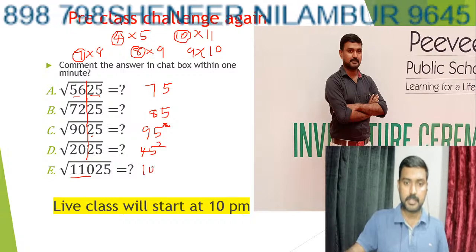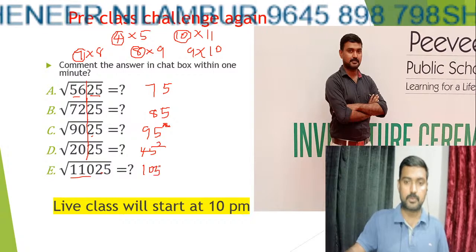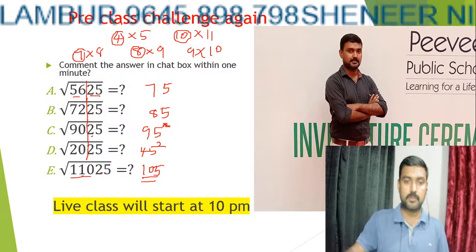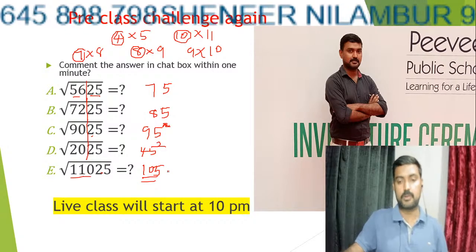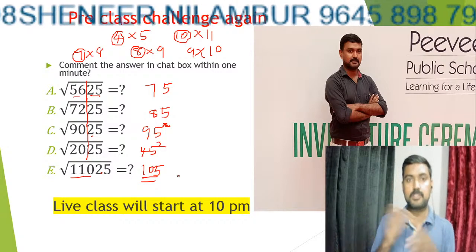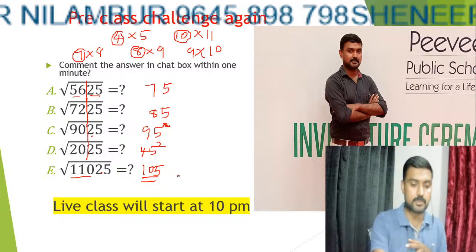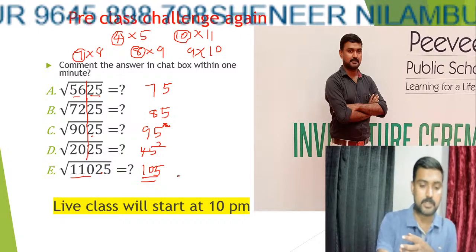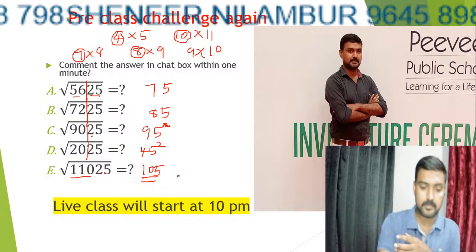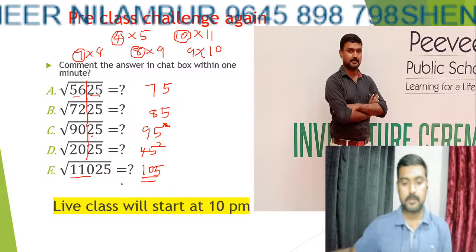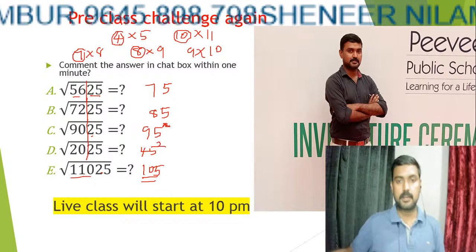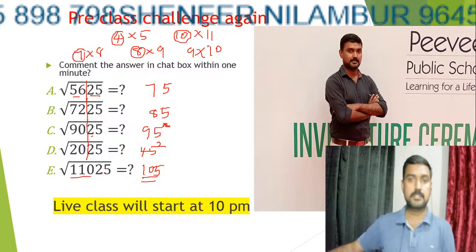So you can write here 10 and 25 is 5 square. So 105 square will be this. So the square root of this is 105. So same idea we studied in the previous class is used here. So my dear students, you can see the answers of the following pre-class challenge questions.